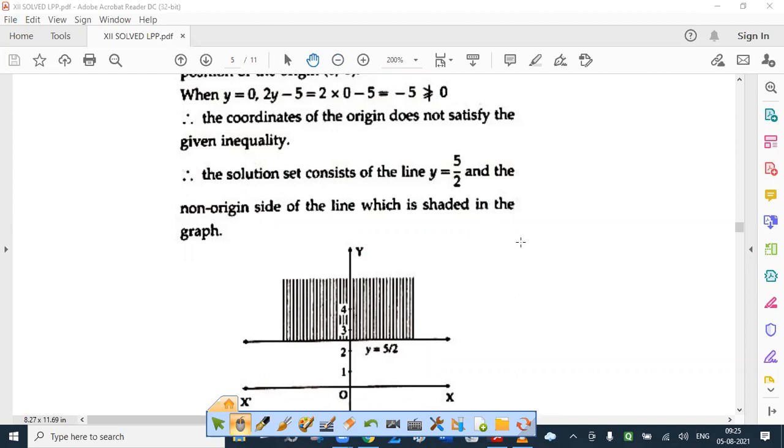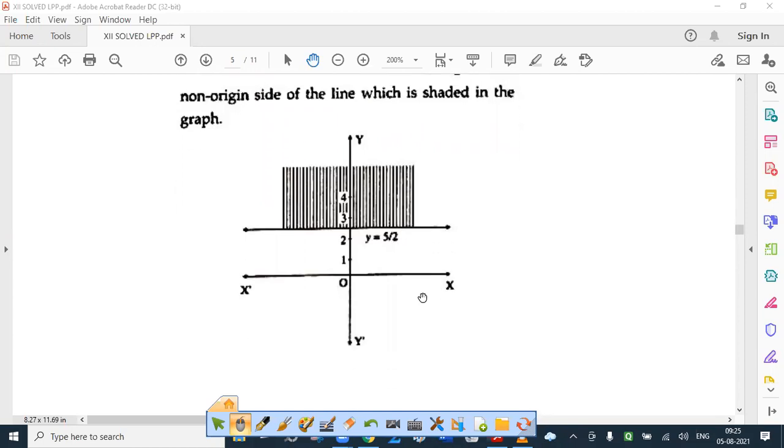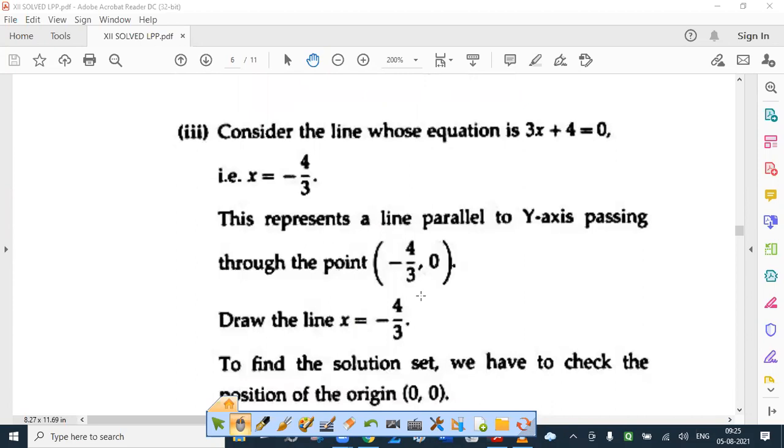No. This means origin side, that is region below line is the origin side, is not the graph. Region above the line is graph of the solution set. So this is not at all difficult. This is for what? 2y minus 5 greater than or equal to 0. Third one is what? 3x plus 4 less than or equal to 0.